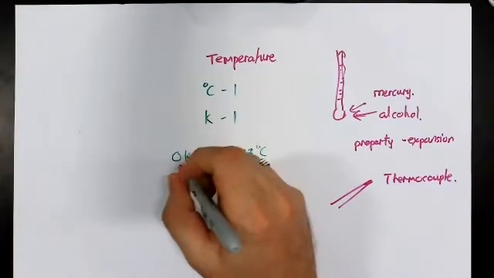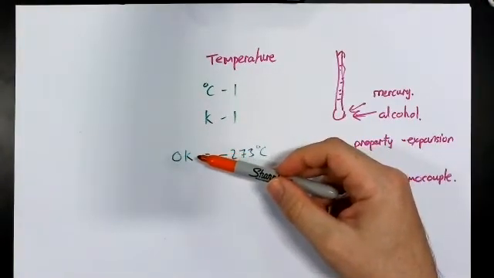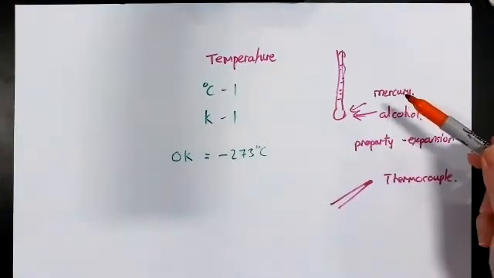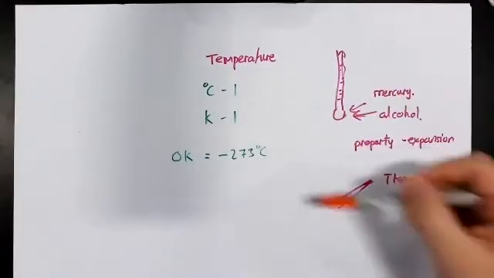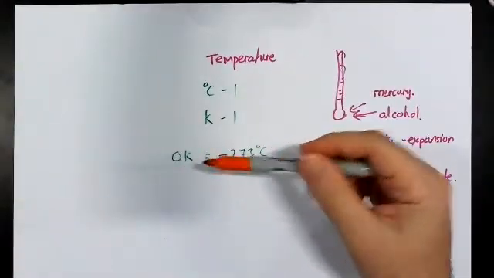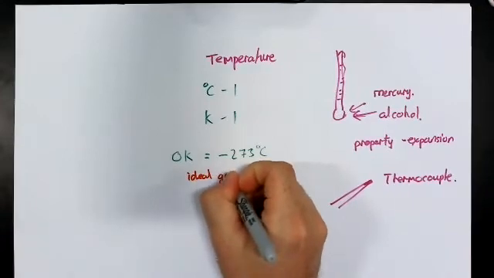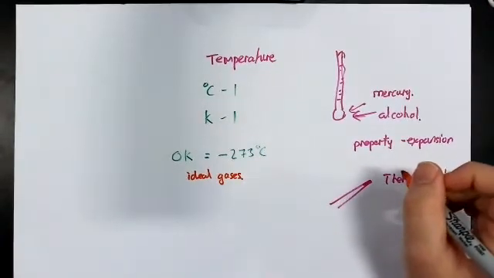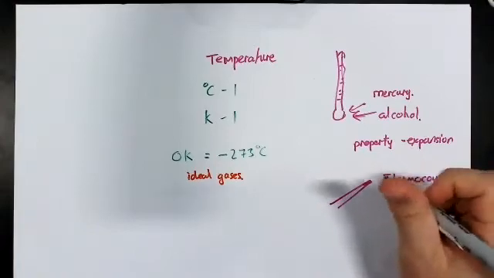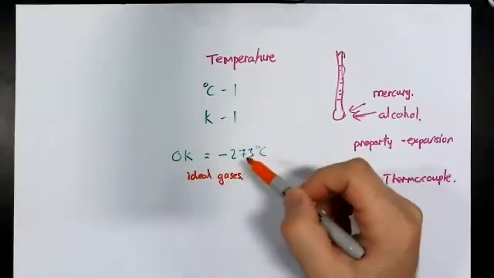So the Kelvin scale is what we call a thermodynamic temperature, whereas we normally measure temperature in terms of a property. This is based on ideal gases, and we'll come to ideal gases later on. We'll have a look at what ideal gases are, and where we get this 0 Kelvin, negative 273 from.